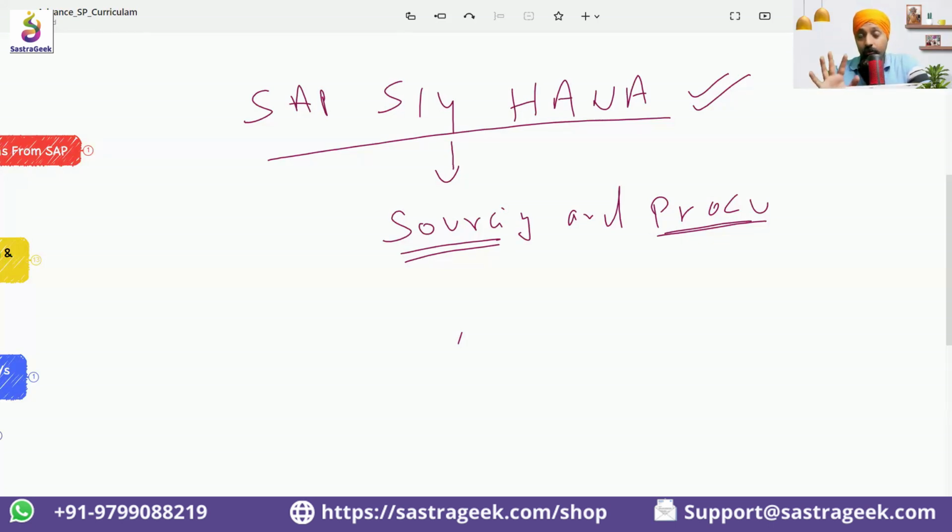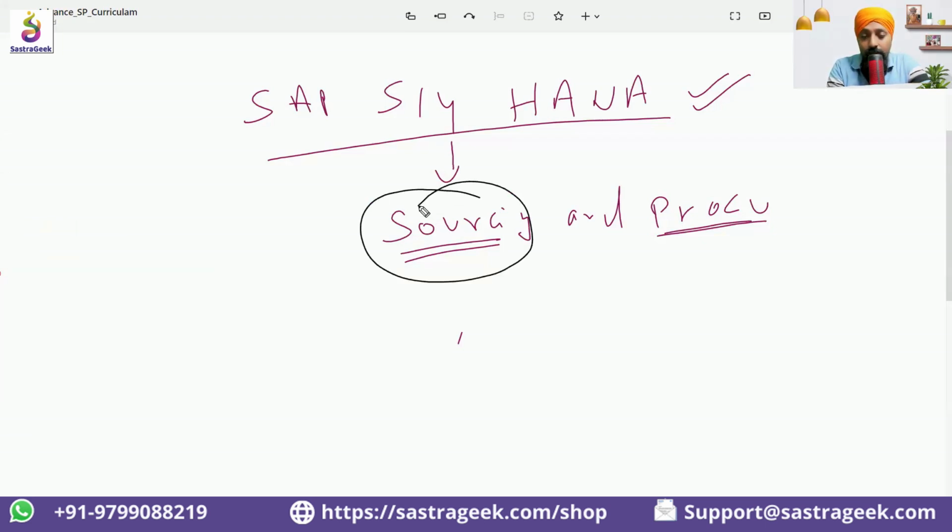So first, let's try to understand. I hope that everybody understands what is sourcing and what is procurement. Sourcing and procurement are two different functionalities in a business. I will briefly explain them. There is another terminology which will come into the picture. When we talk about S4HANA, we call it sourcing and procurement.